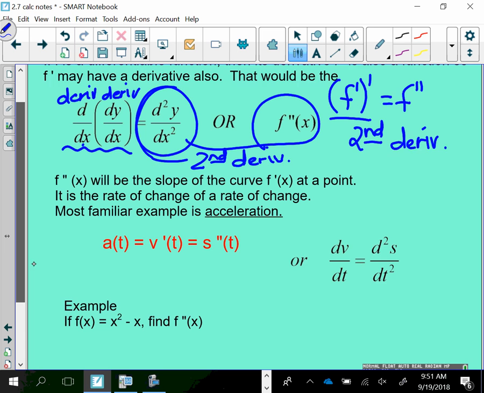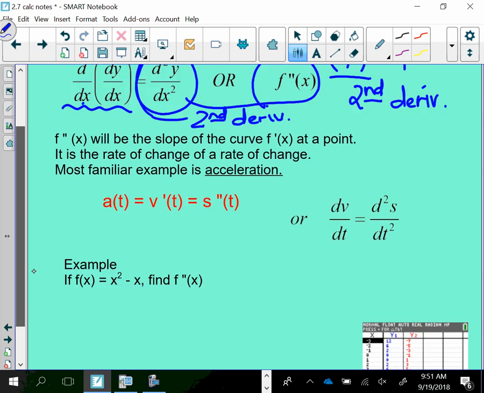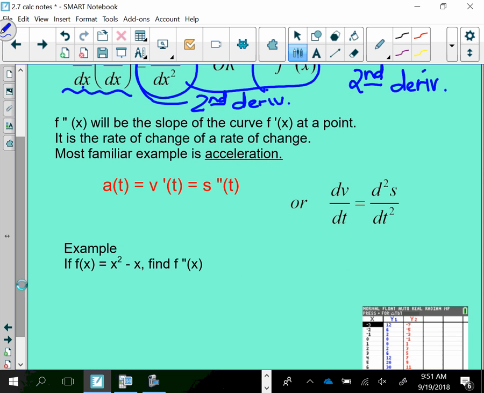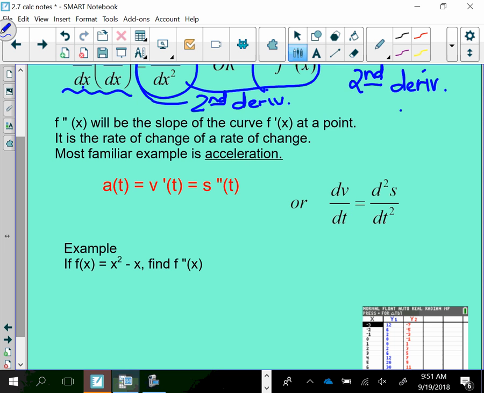Okay. All right, so f double prime x will be the slope of the curve f prime. So let's say we look at this one. The function f is x squared minus x. F prime was 2x minus 1. Maggie, tell me what f double prime is.